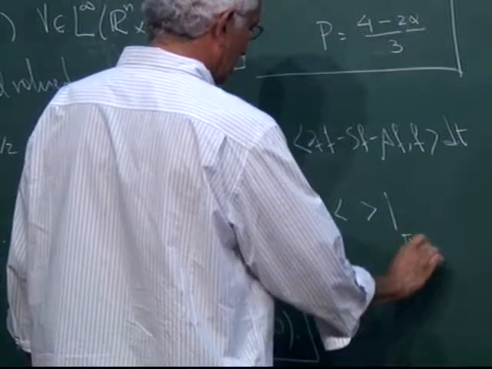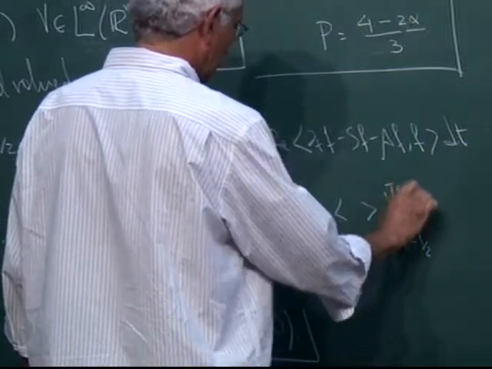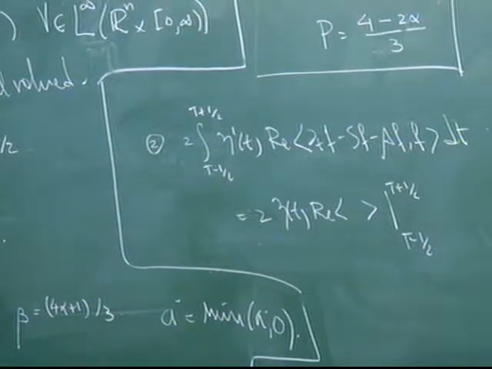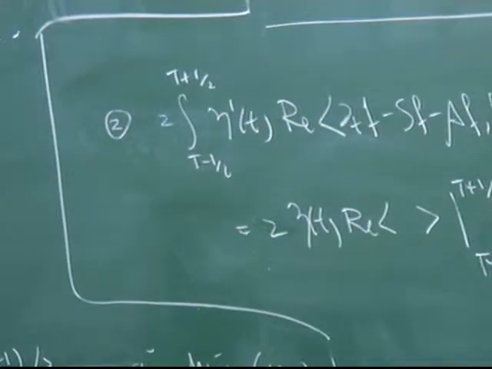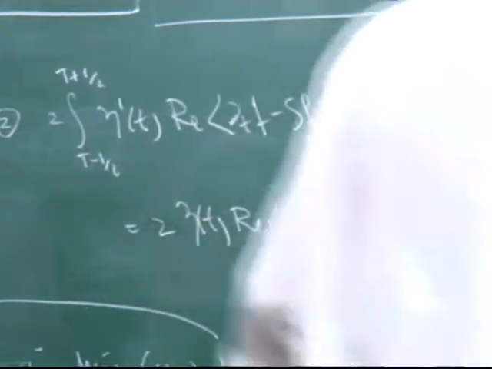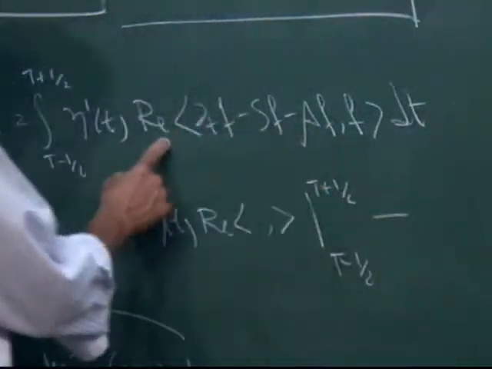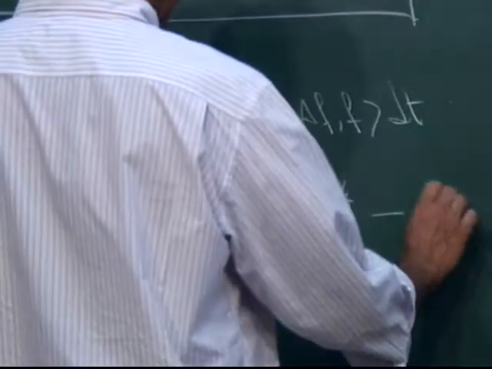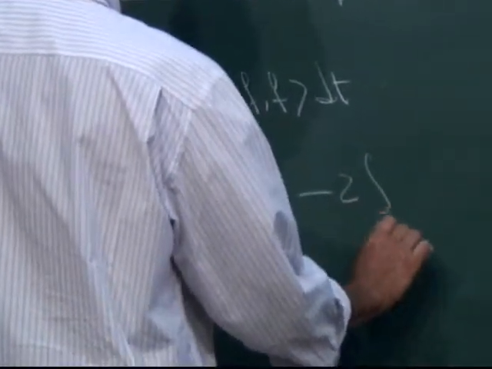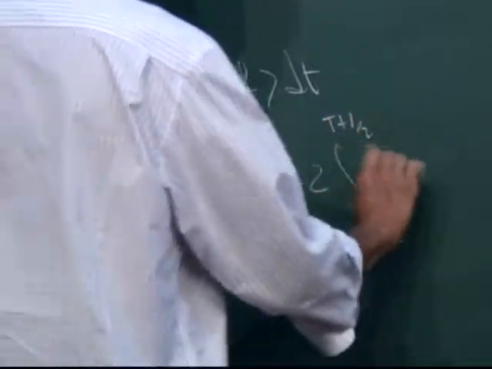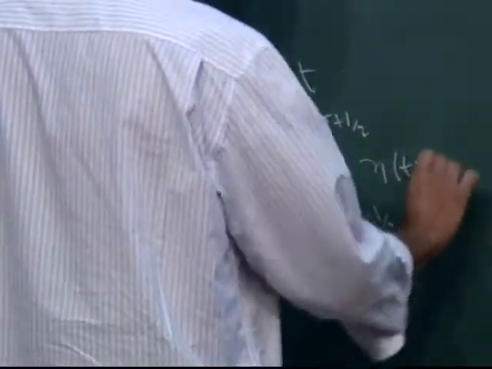But eta vanishes here and vanishes here. Therefore, this part disappears. Now you pass the derivatives to the other side: twice the integral from t minus 1/2 to t plus 1/2 of eta times the derivative of the real part of all this.